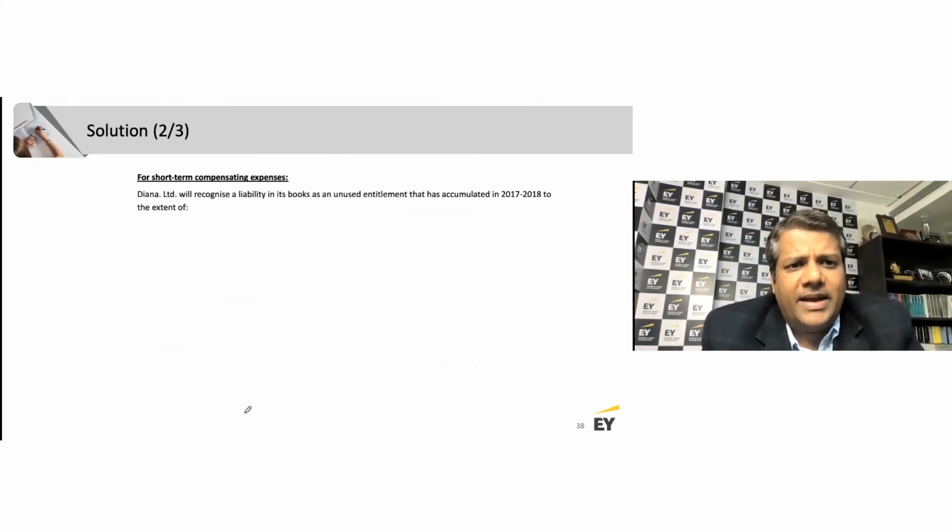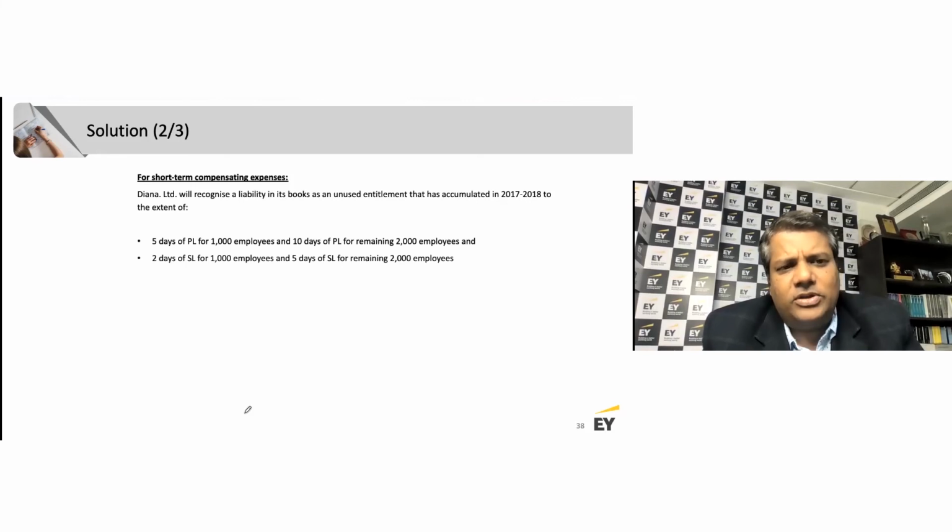Recognize a liability in the books for the unused entitlement accumulated in 17-18: 5 days of PL for 1,000 employees and 10 days of PL for 2,000 employees, and 2 days of SL for 1,000 employees and 5 days of SL for the remaining 2,000. Since we do not have the per day cost, we are not able to quantify that.